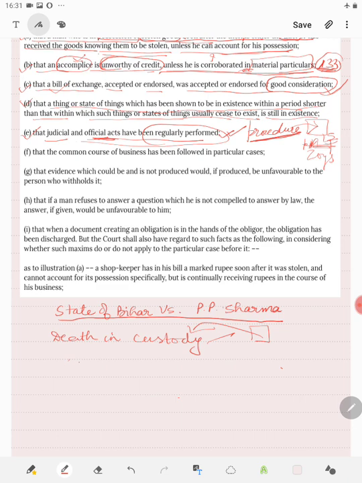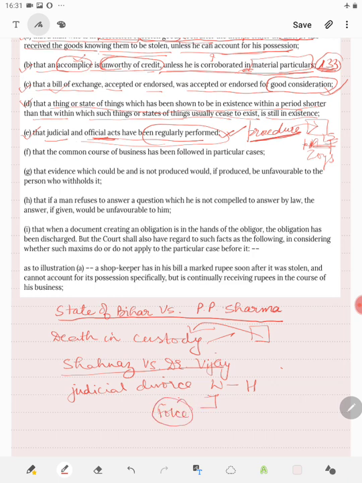Then Sahnaj versus Dr. Vijay. Now, in this case, it was held that suppose there is a judicial divorce, and after the judicial divorce has been given, the wife claimed that the signature she gave on the paper was taken by force.